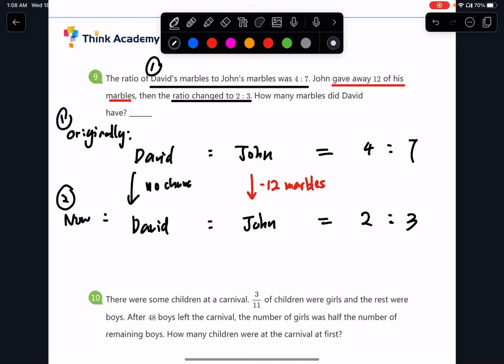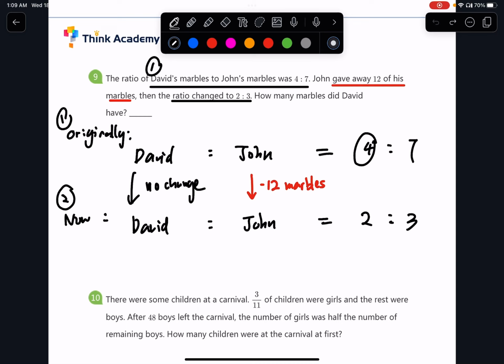But how come the ratio changed? Because John gave away some marbles, then the proportion of David's marbles in all the marbles actually increased, right? So that's why the ratio changed. Okay, but I have to make the number in David's ratio unchanged if I want to compare the size.